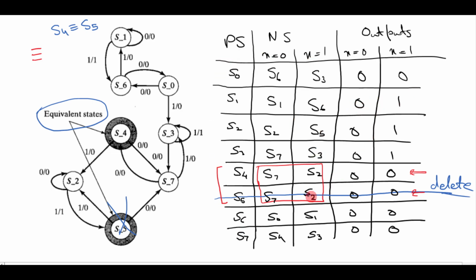So here you can see in this state S2, when you apply 1, your next state is S5, but you have deleted this S5. So I am removing this S5, and because this S5 is equivalent to S4, I am writing here S4.